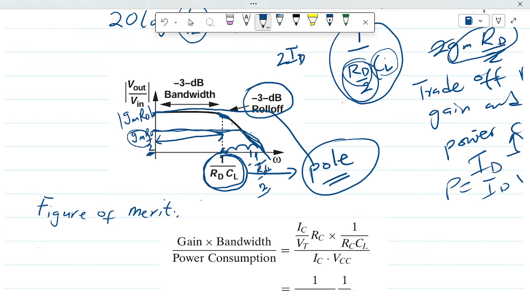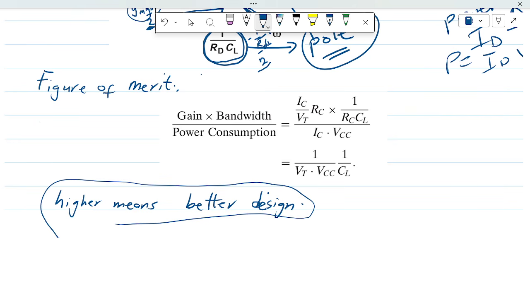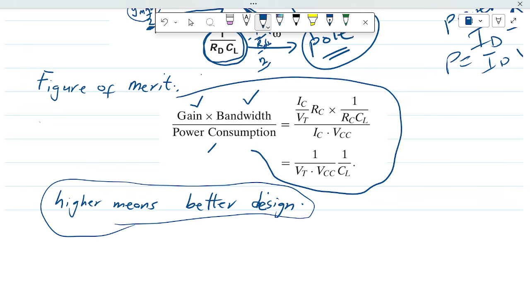So we have what we call the figure of merit, and that shows how good the design should be. The higher the value, the better the design. We know we want higher gain, we want higher bandwidth, but we want less power consumption, and we could use this to do our analysis to compare designs and tell which design is better.